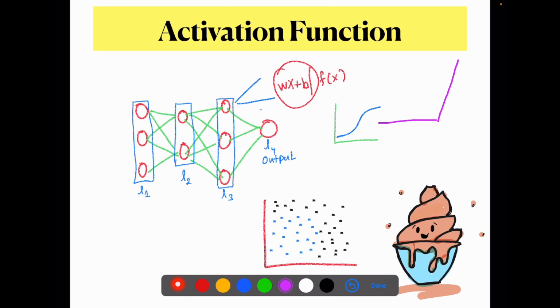But if it's two lines, we can somewhat fit the data. And if we have multiple neurons full of ReLU functions, then we can get some shape like that, and that will fit your data really well. That's why even ReLU is considered a nonlinear function.